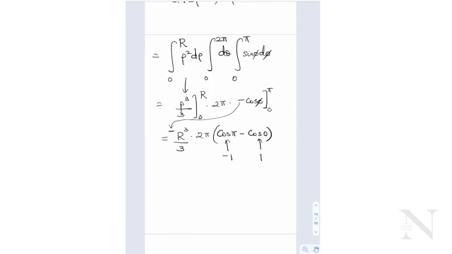So cosine of pi is -1. So this overall thing is -2, times this negative out here becomes positive, and then you have another 2 here, and that's 4/3 pi R cubed. Oh, that's easy. Use the right coordinates. The answer is so easy, right?